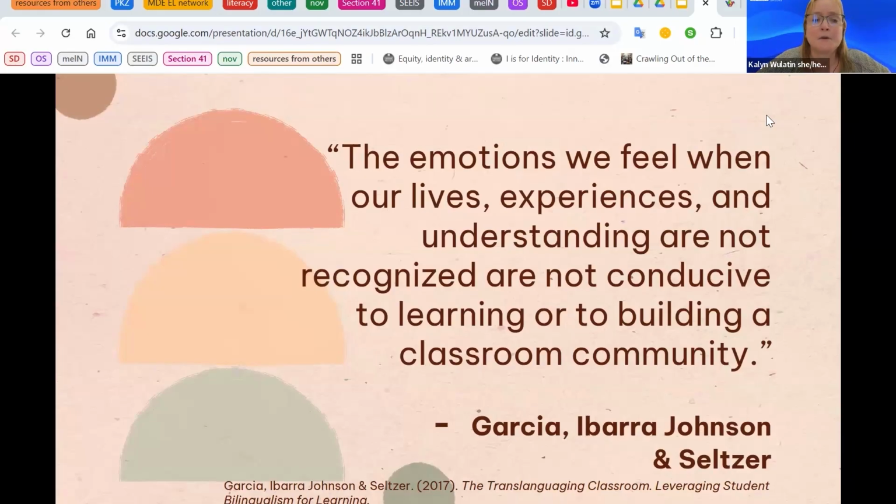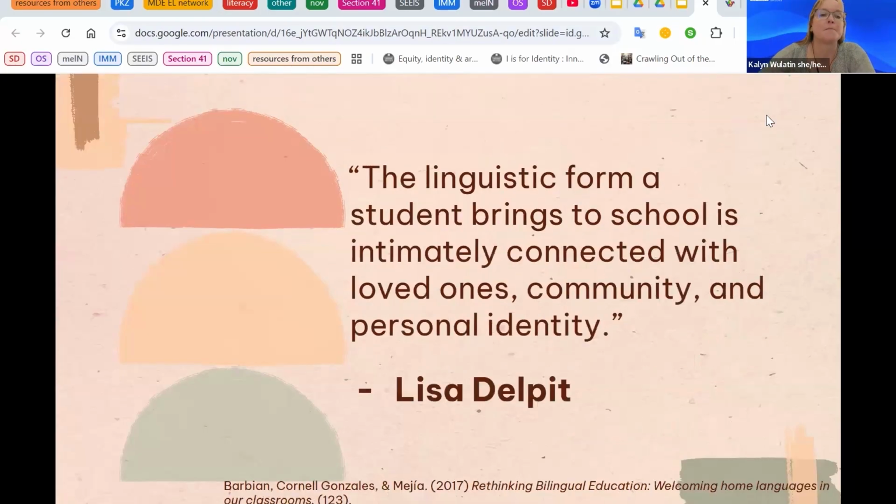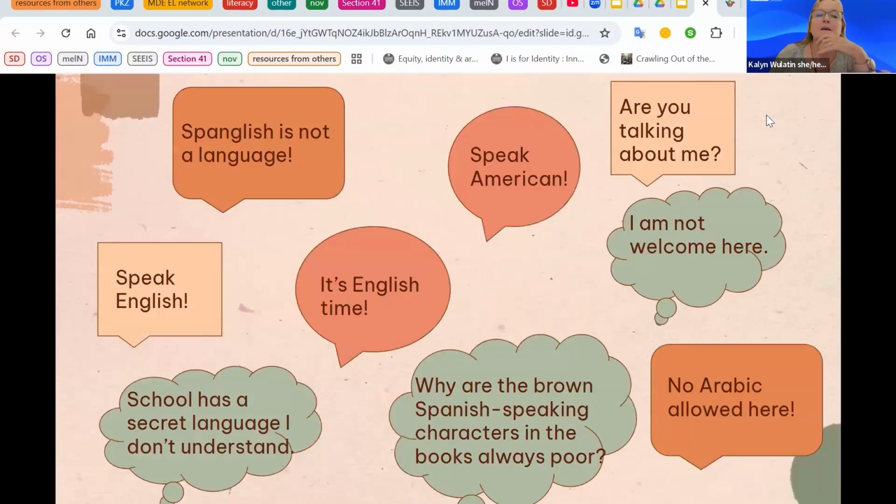And I think everyone here, no matter what your experience with translanguaging is, or other languages or multilingual learners, building a classroom community is of utmost importance to you. This is a favorite quote of mine by Lisa Delpit. The linguistic form a student brings to school is intimately connected with loved ones, community, and personal identity.